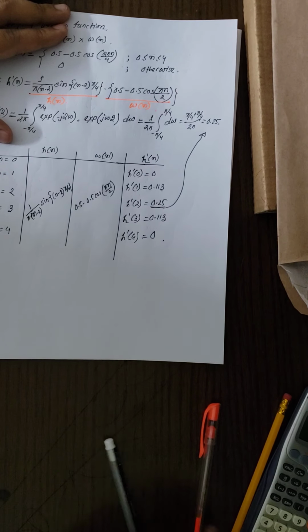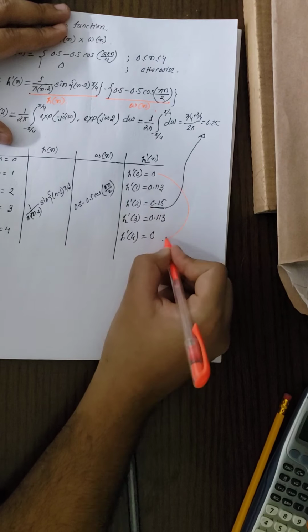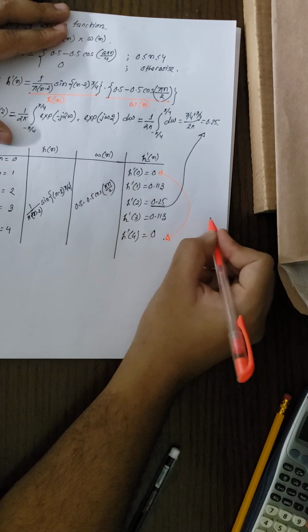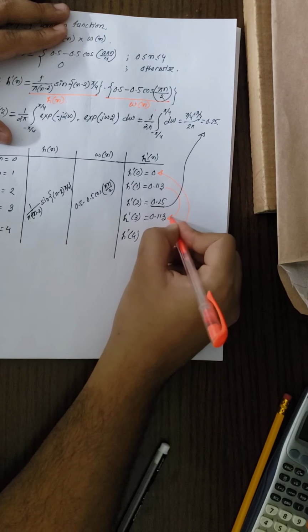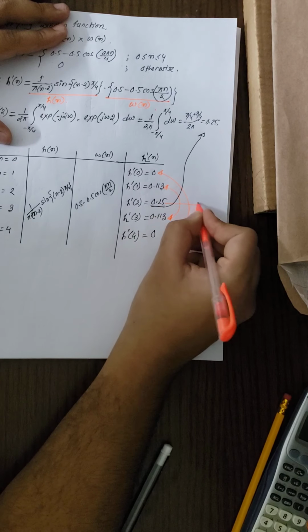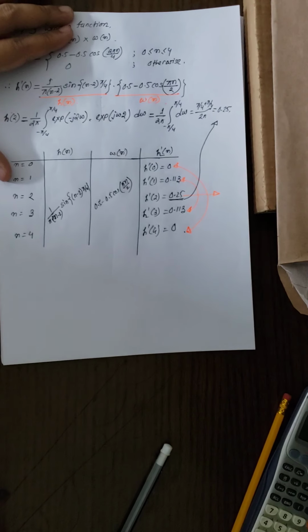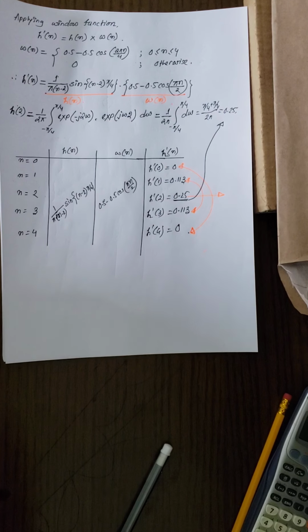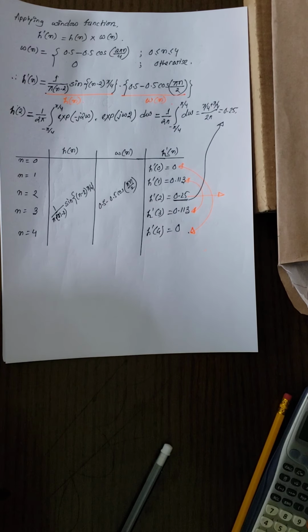So once again, if we match, the first and last value will be same, the second and second to last value will be same, and there will be a median value in the middle, which is a check for our FIR filter design.